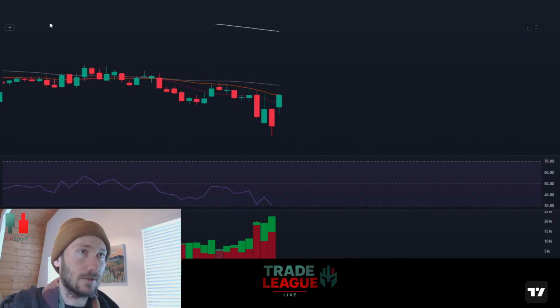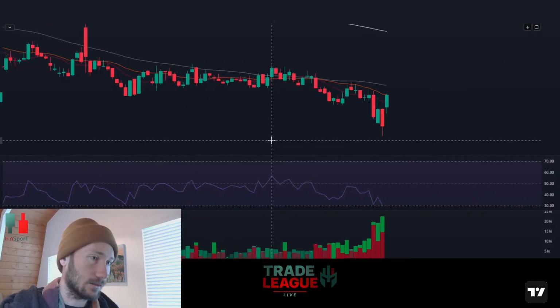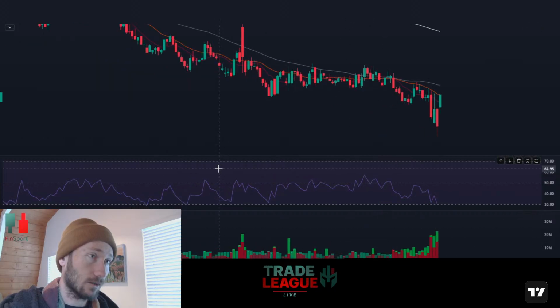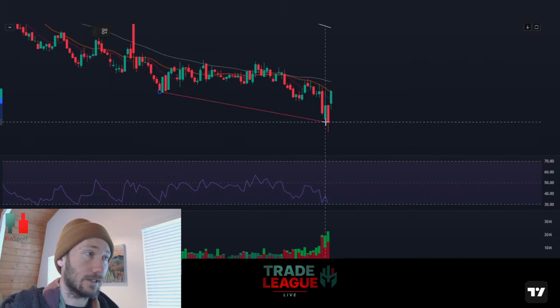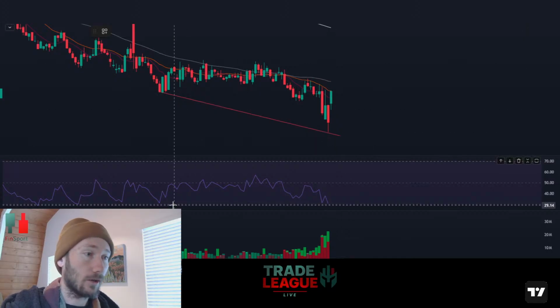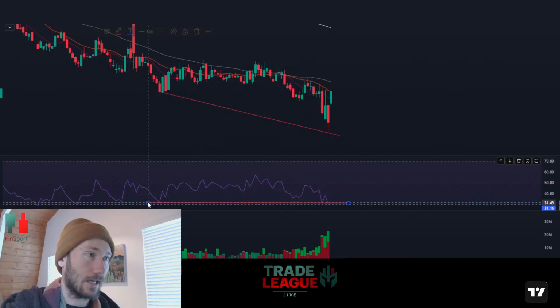Now that we've seen the daily, and the RSI was the lowest, you do have an RSI divergence too. You have the price lower and the RSI is lower, but it's not as dramatic as the price increase.